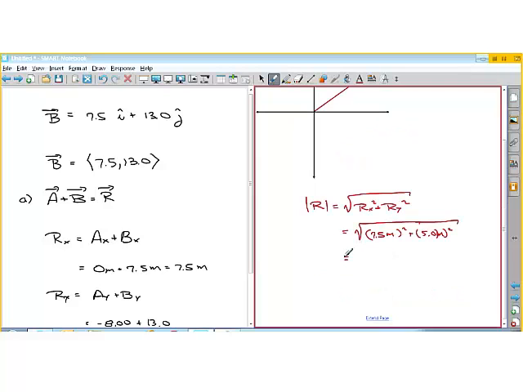So 7.5 squared plus 5 squared. Take the square root of that, and I get 9.01. So the magnitude of the resultant vector is 9.01 meters.